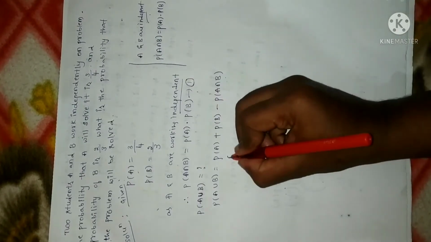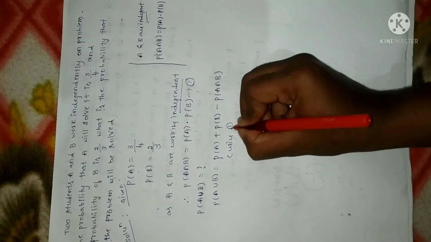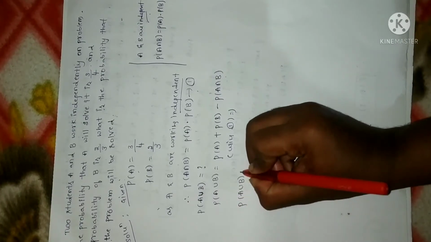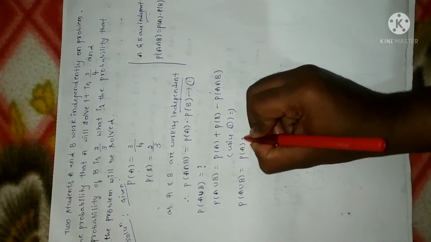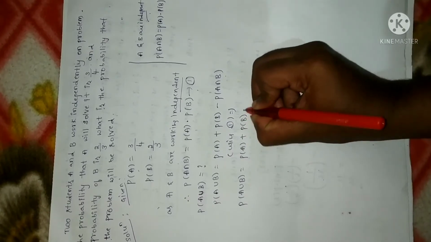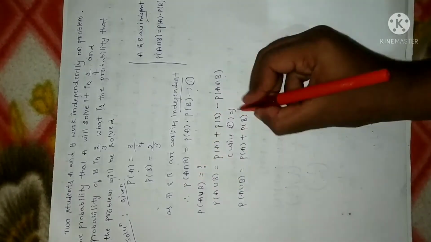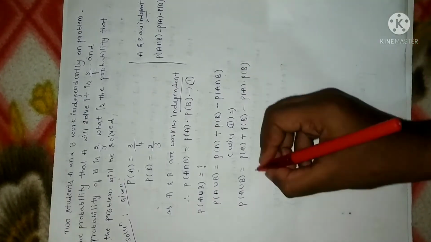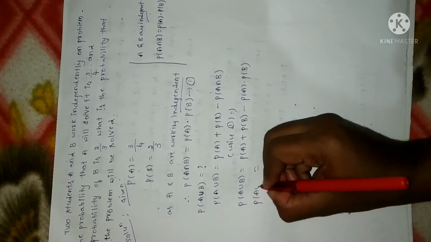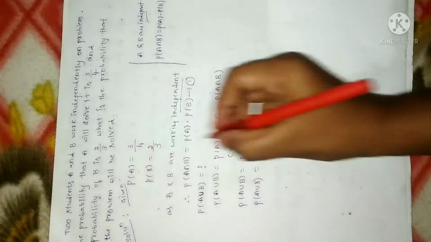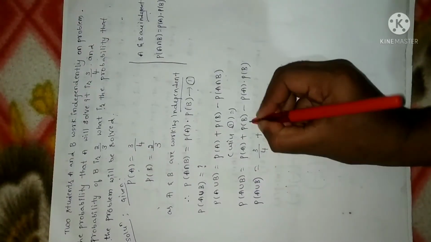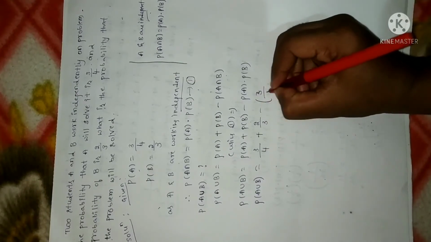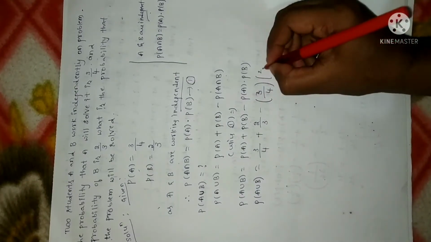Probability of A union B is equal to probability of A plus probability of B minus probability of A into probability of B. Clear? Now we can substitute the available data. That is probability of A is 3 by 4 plus probability of B is 2 by 3 minus probability of A is 3 by 4 into probability of B is 2 by 3.